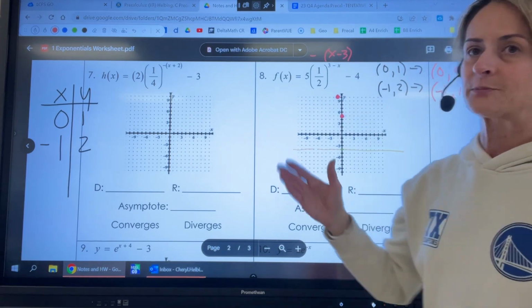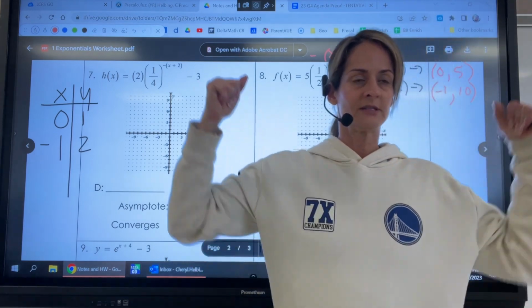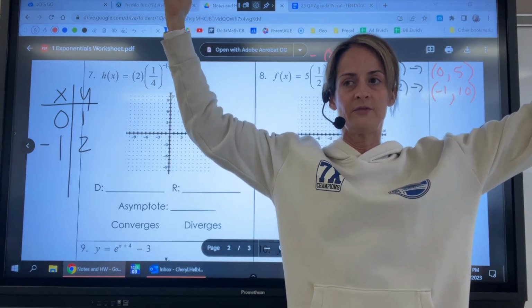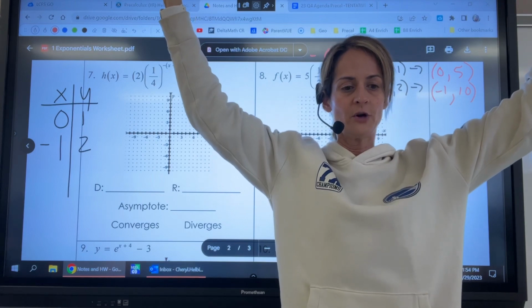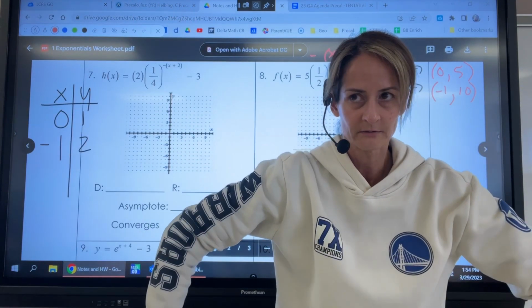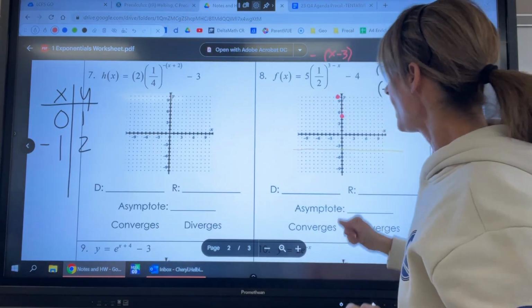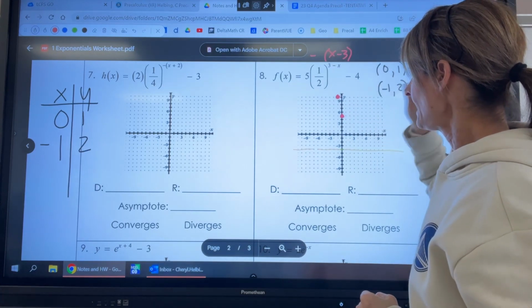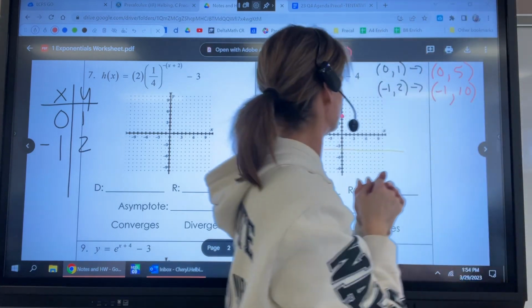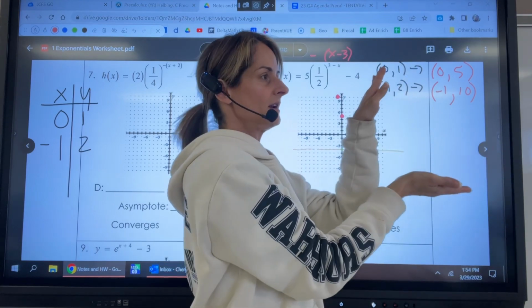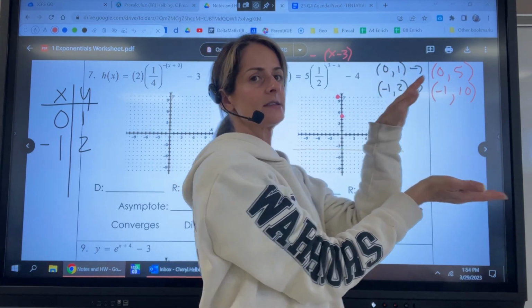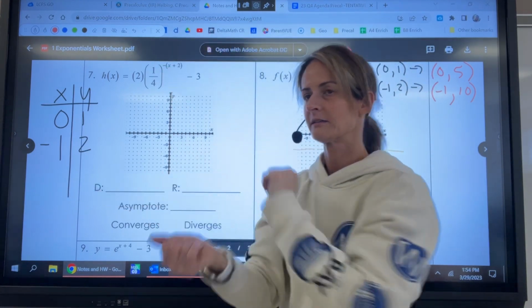So in our last problem, we had a leading coefficient that was negative, so our graph went from up and then reflected over the x-axis to down, right? And now we have a negative exponent, which is going to take our graph, it's going like this, and it's going to reflect it over the y-axis, and it's going to go like that.